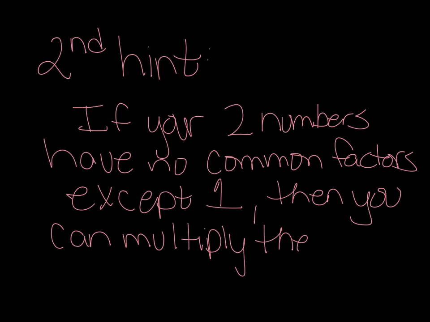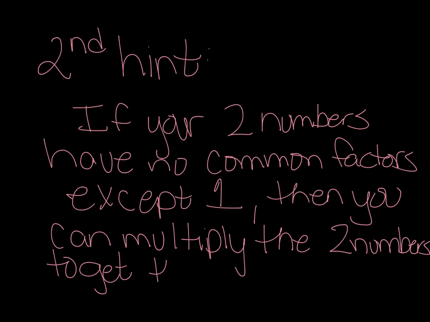This only works if they have no factors in common except for one. Don't try to do this if they have a common factor. Trust me, it's not a good idea.